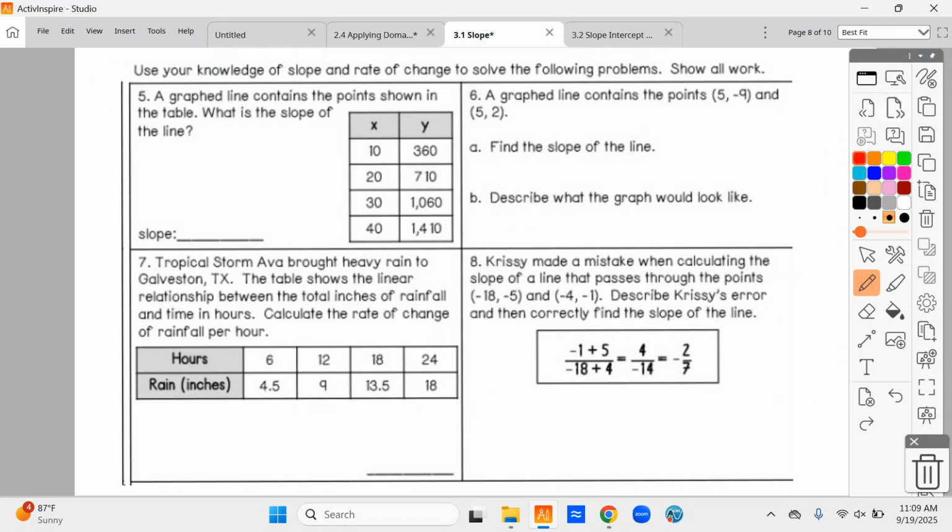Okay, a graphed line contains the points shown in the table. What is the slope of the line? Again, y1 minus y2. We're going to say this is our y2, y1, and I misspoke. It's y2 minus y1 over x2 minus x1.